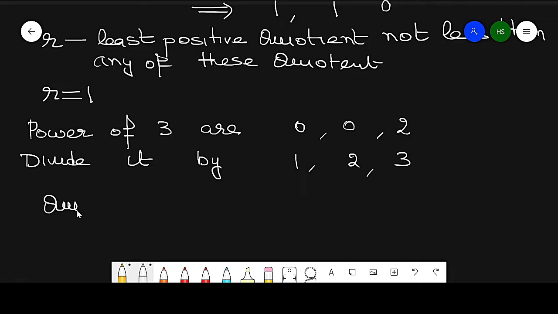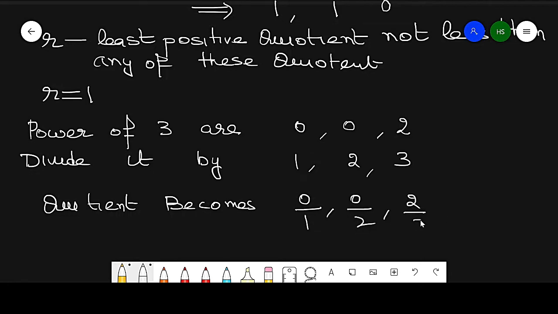The quotients become 0 by 1, 0 by 2 and 2 by 3. So this is 0, 0 and 2 by 3.